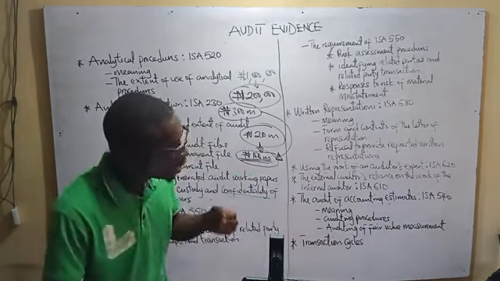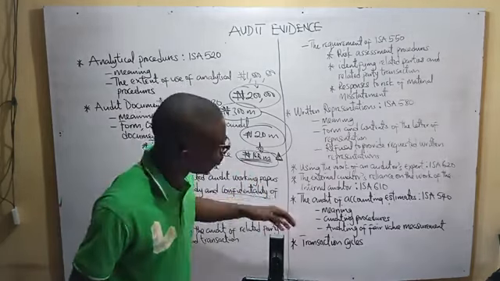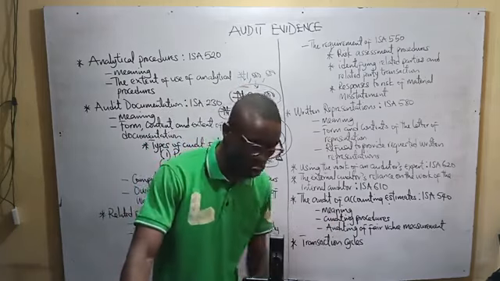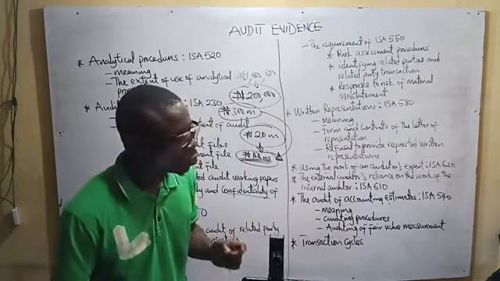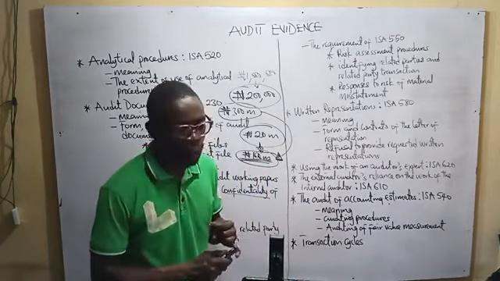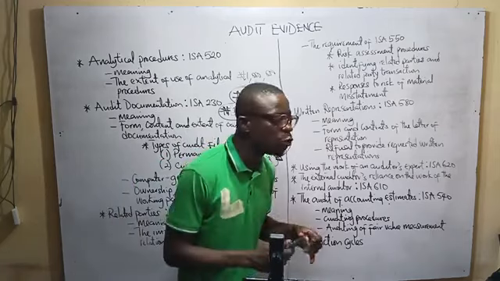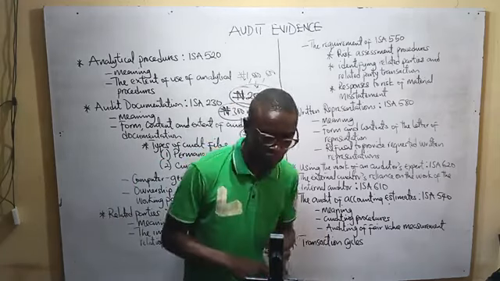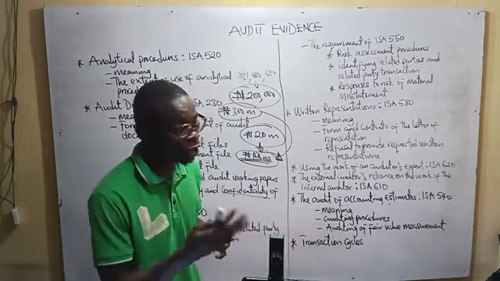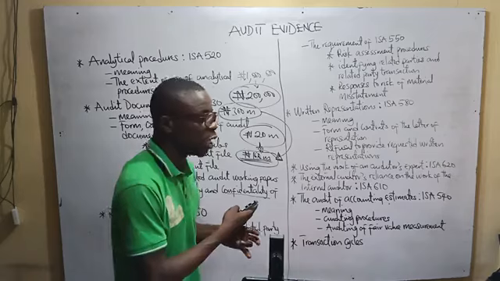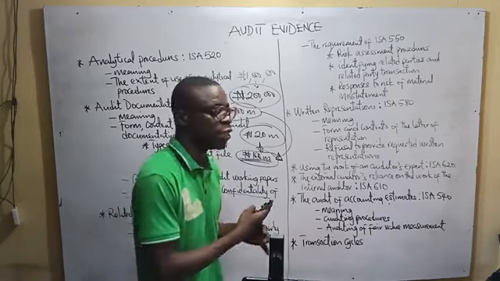So let's review again the auditing procedure for accounting estimates. One is for the auditor to check the requirement of the applicable financial reporting framework. That is the standard that is relevant to that transaction or that event.